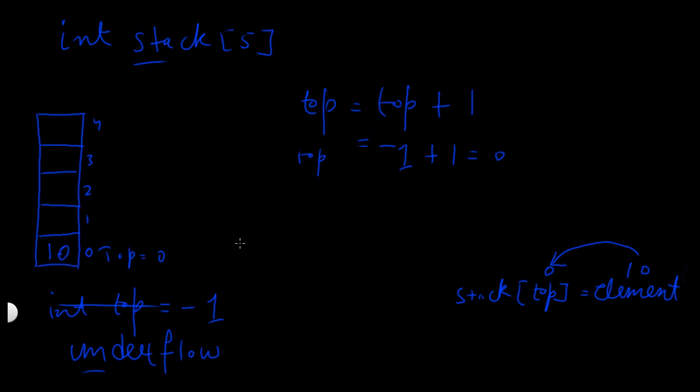Now if you want to insert another element into the stack, then again the value of top will be incremented by 1. The value of top at this point is 0, so 0 plus 1 equals 1. Now top becomes equal to 1, and the new element will be inserted here.